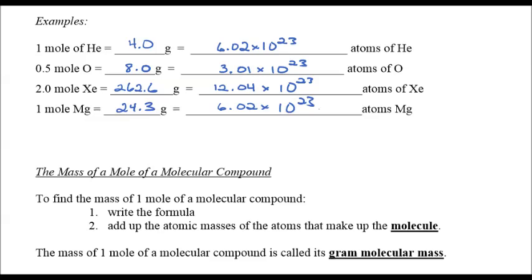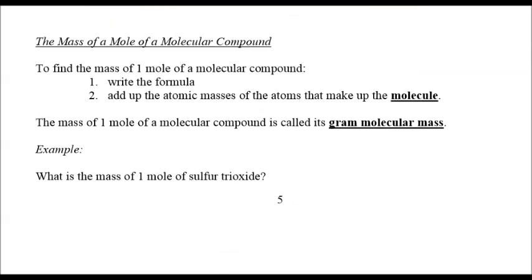Now this next part is not hard. It's just using the mass from the periodic table to find what 1 mole weighs. 1 mole of a molecule is the mass from the periodic table. So what does 1 mole of sulfur trioxide weigh? Well, first we need the formula for sulfur trioxide, which we should know is SO3.